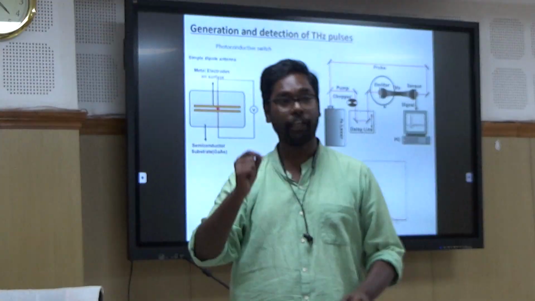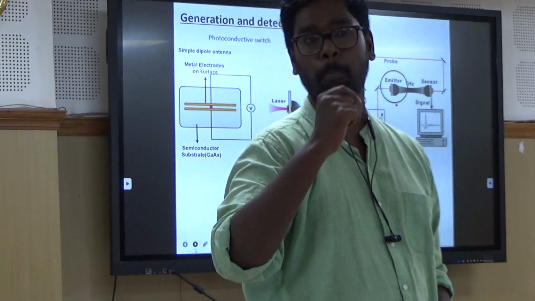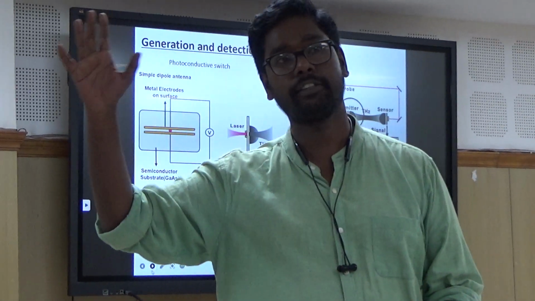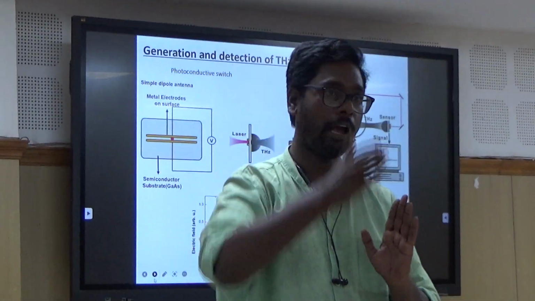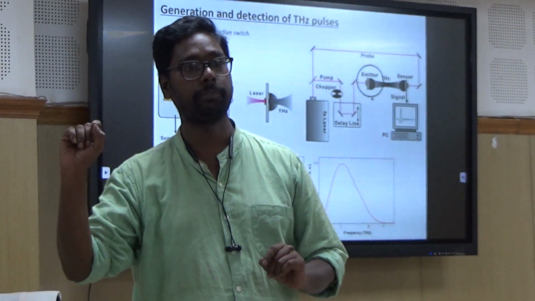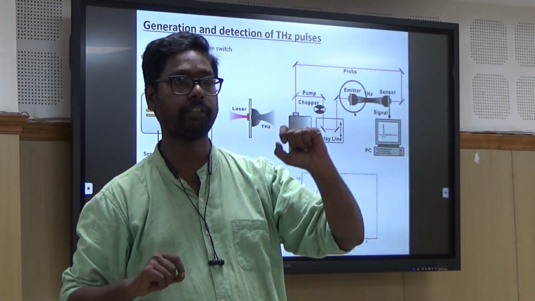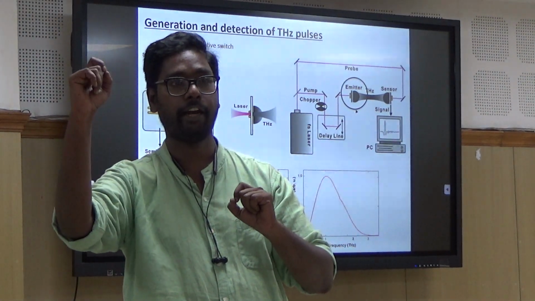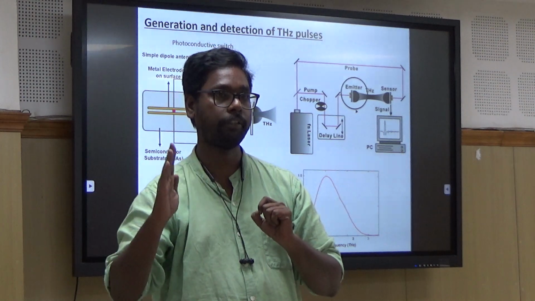In this region, there are only certain bands, like 0.2 or 0.4, 0.6, that are heavily absorbed by water. There are certain other regions which are completely not absorbed, like 0.1 terahertz, 0.2 terahertz, 0.3 terahertz. Those regions are not absorbed by the water bands.